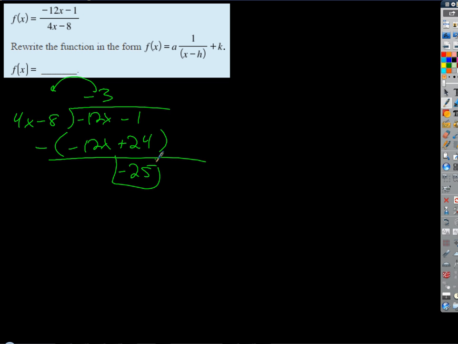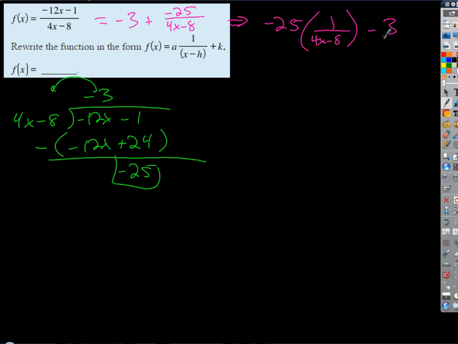Okay, so what's that tell us then? What is this quotient equal to? Okay, so I get my negative 3 plus negative 25 over what? Okay, so that's fine. So then I could write that as negative 25 times 1 over 4x minus 8 minus 3.